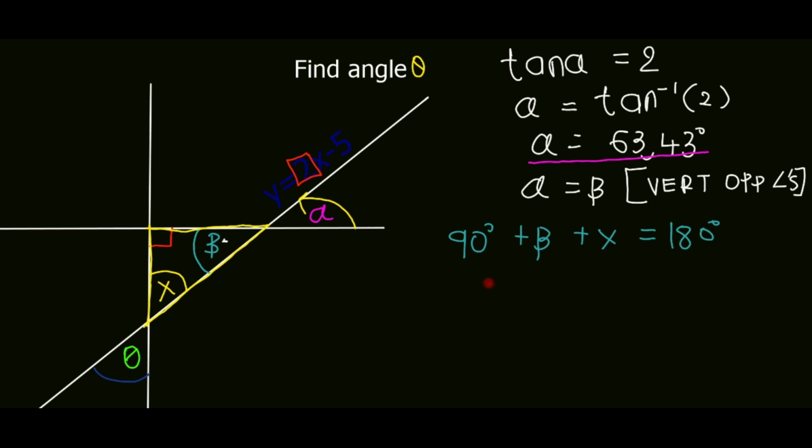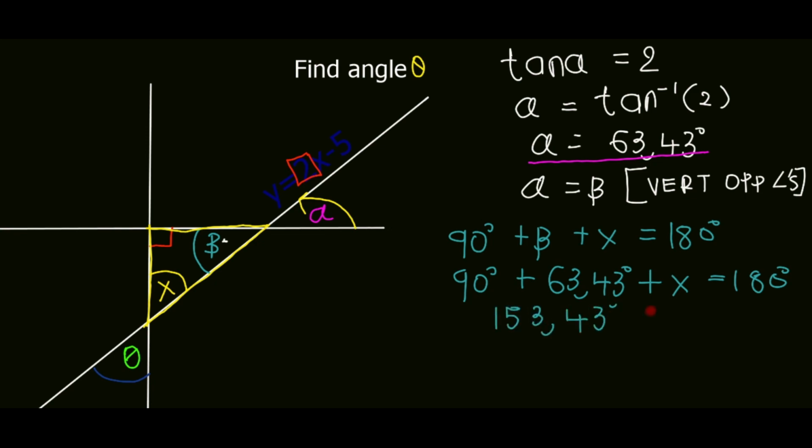So from there I can find x: 90 degrees, and then beta, which is 63.43 degrees, and then plus x is equal to 180 degrees. So from there, like terms, 90 plus 63.43 is 153.43 degrees, and then plus x is equal to 180 degrees.